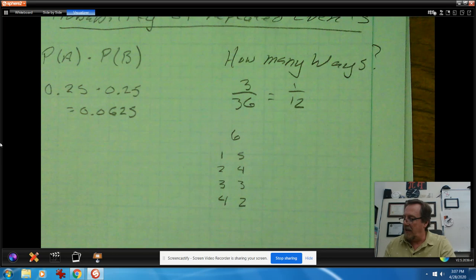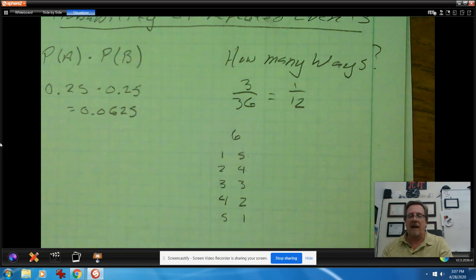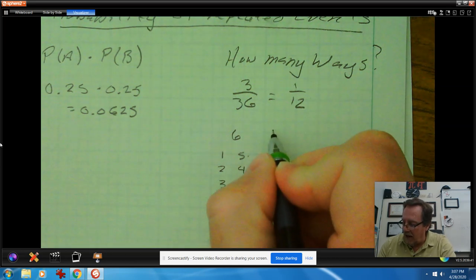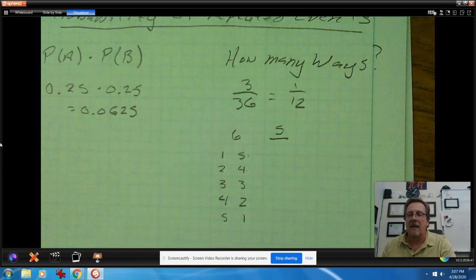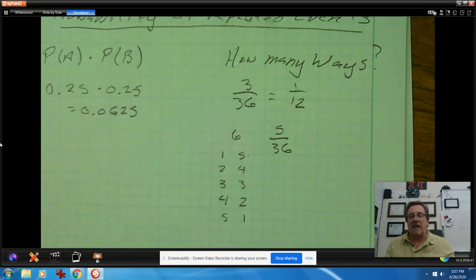And then a 5 and a 1. That's 1, 2, 3, 4, 5 different ways that we could get a 6 when rolling and summing them up. That's 5 out of how many? Still 36, because you can roll 6 different numbers on the first die and 6 on the second die, and multiplying gives 36. So 5/36 is the probability that you could roll a 6. Okay?